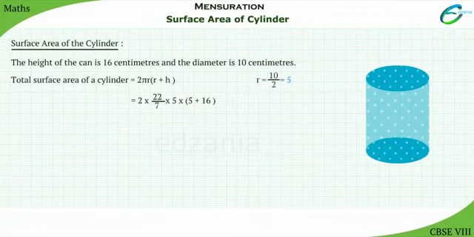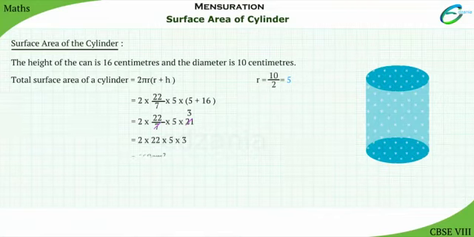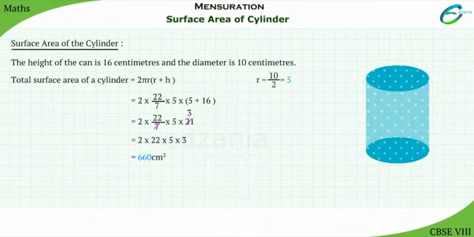Here r is 5 centimeters. Height of the cylinder is 16 centimeters. Therefore, after substituting, the total surface area of the given cylinder is 660 square centimeters. Therefore, 660 square centimeters of gift paper is required to wrap the can.